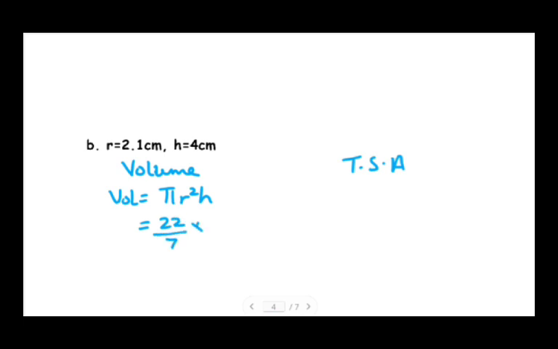Another sum for cylinder. Volume as well as TSA required. So volume is pi r square h. 22 upon 7. R is 2.1 into 2.1 into 4.